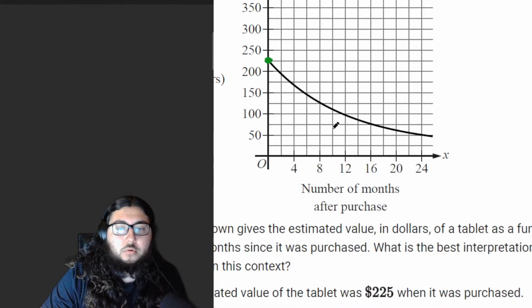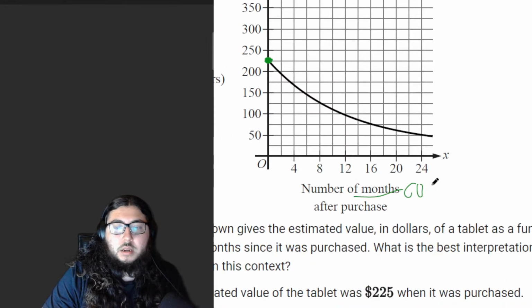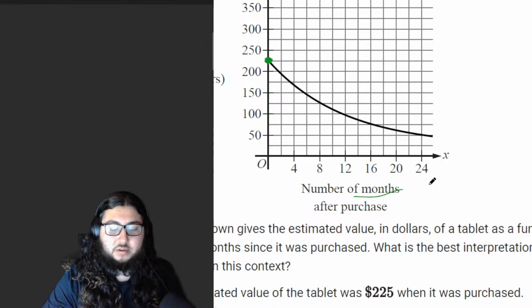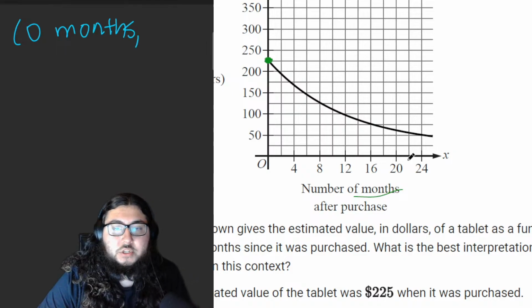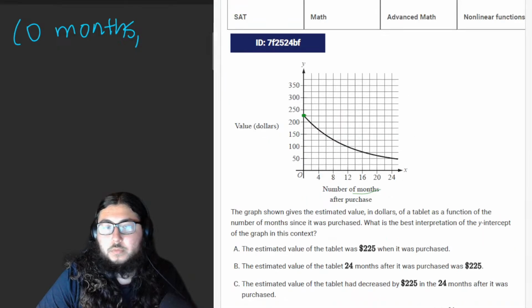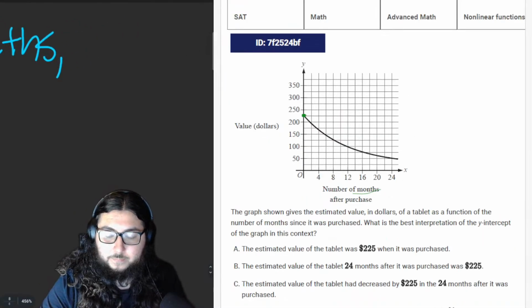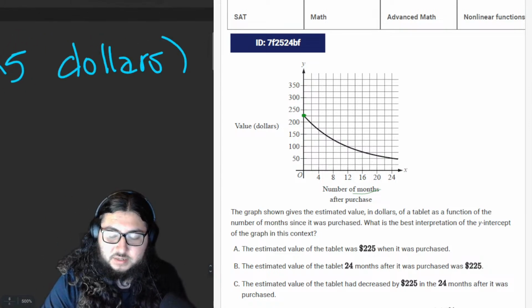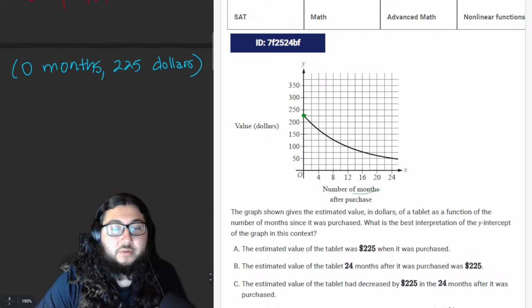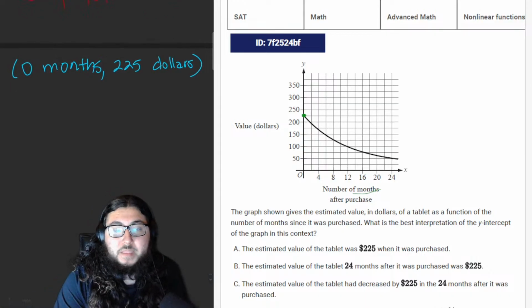So at that point, we have 0 months, and $225. Excuse me for being so zoomed in. So 0 months to $225. So if you pay attention to the units, it almost tells the story itself. That at 0 months after being purchased, the value of the tablet is $225.